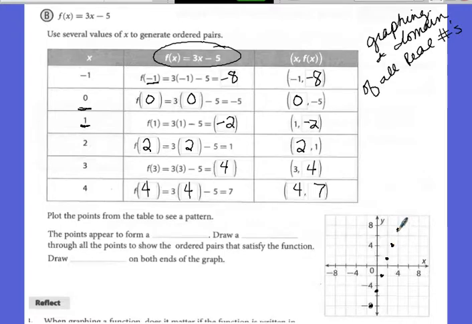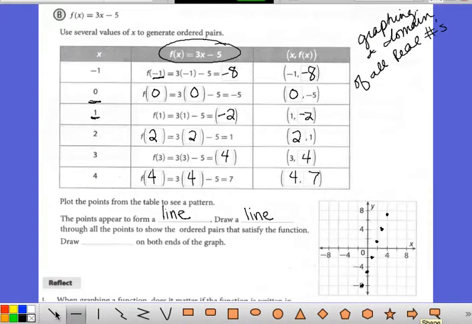So when I look at this, I notice that all the dots appear to make a line. So all my points appear to form a line. I'm going to draw a line through all the points to show ordered pairs that satisfy the function. I'm going to use a line tool here in order to make it look a little bit nicer.